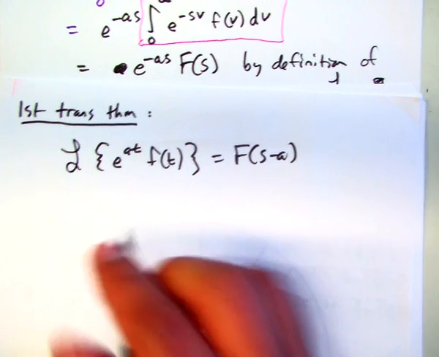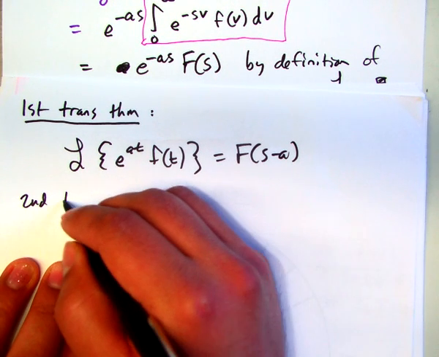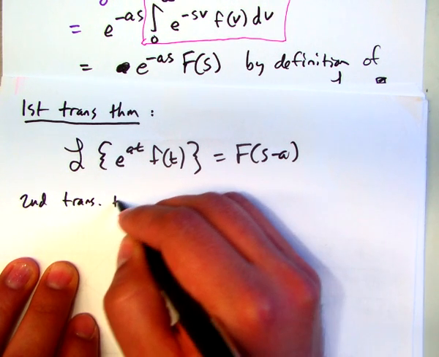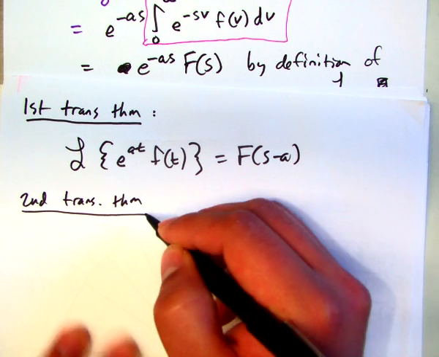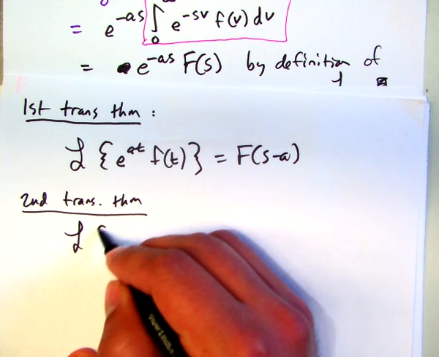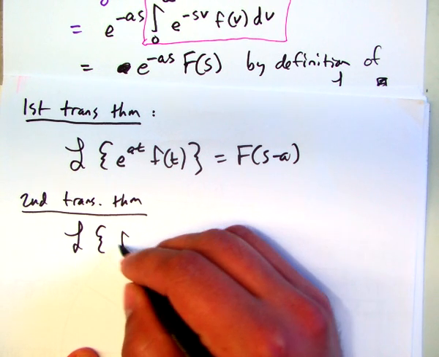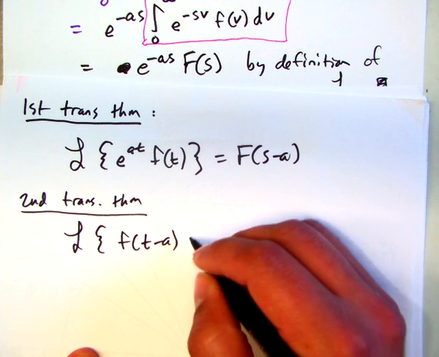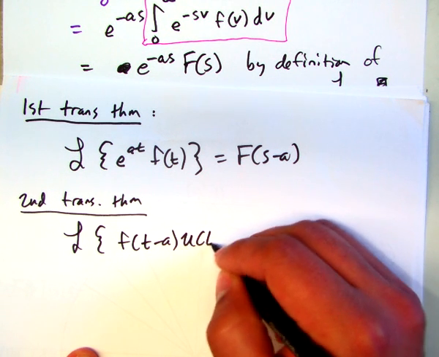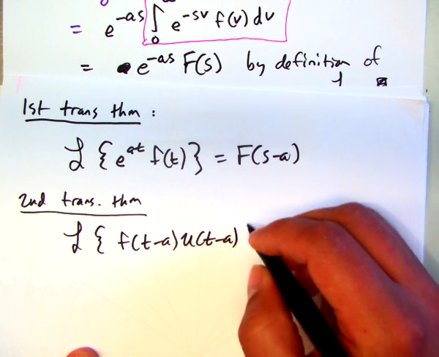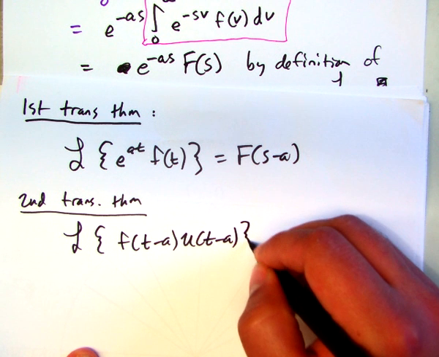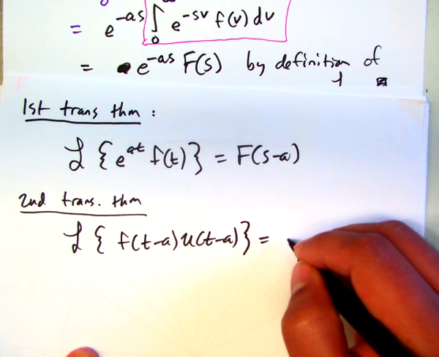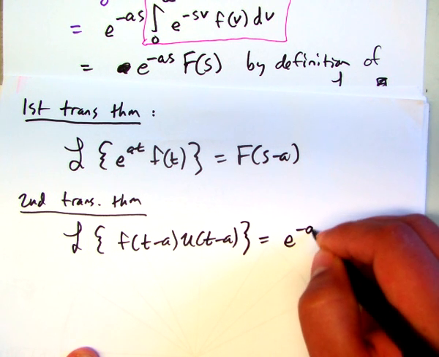Second translation theorem: if we have f of t minus a times the unit step function at t minus a, the transform of that is equal to e to the minus as F of s.